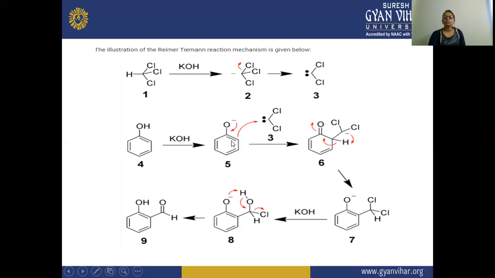And after that, there is a resonance in this structure. Then this carbon has this hydrogen. Hydrogen will be abstracted from this second position of the carbon, and then this hydrogen has the positive charge. It is the electrophile, and this electrophile will get attached to this carbon, which has the negative charge here.